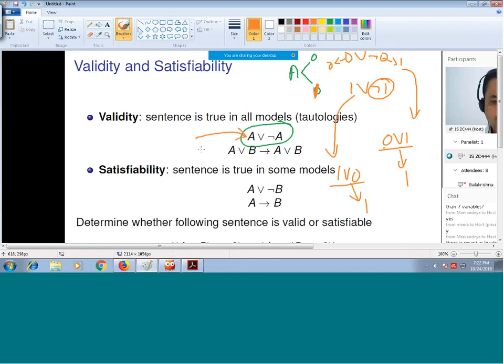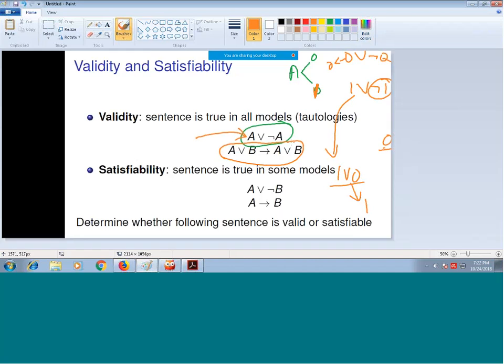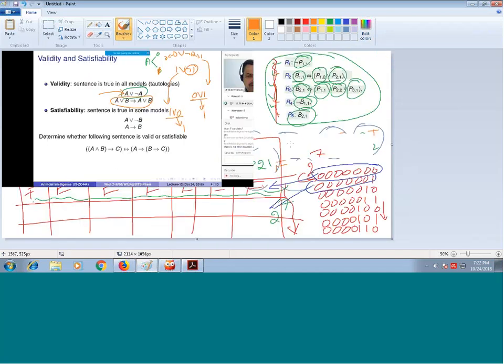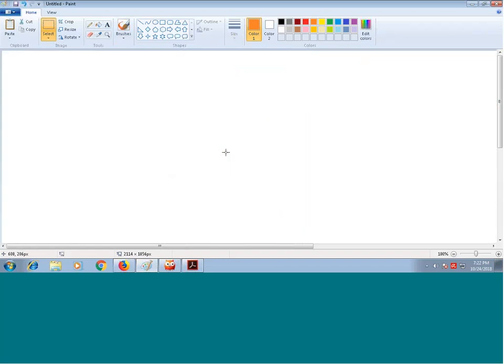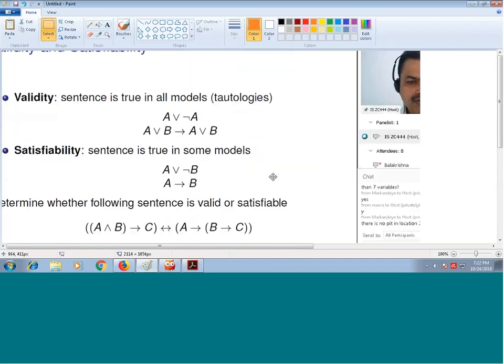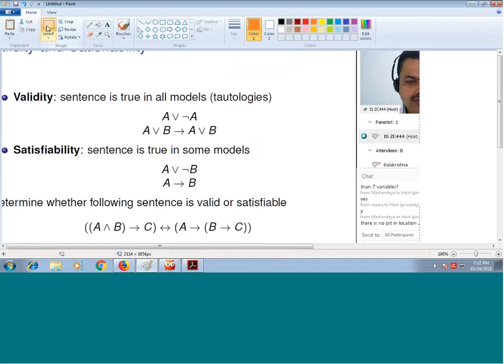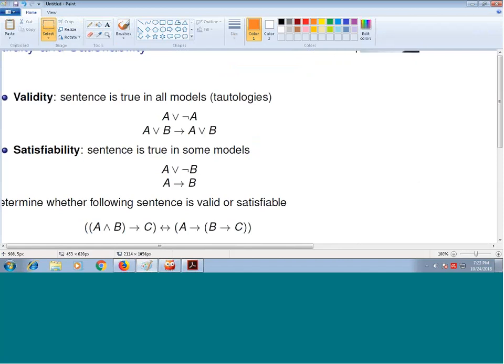Similarly, see another statement, that is A or B implies A or B. Can you see what the possible assignments are? Okay, let us try to see for A and B what all things are possible.